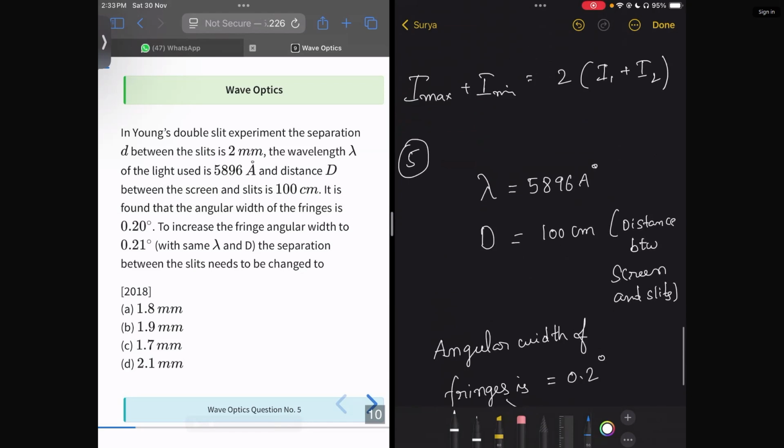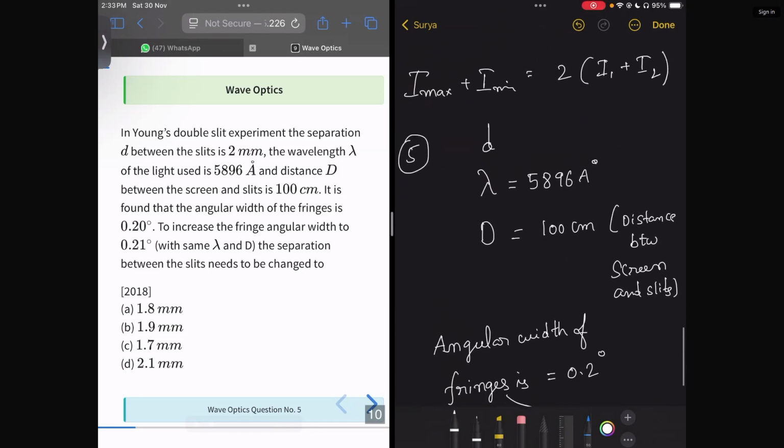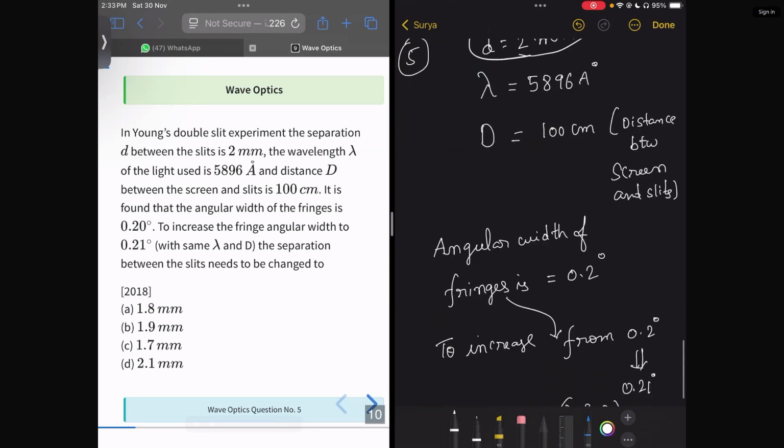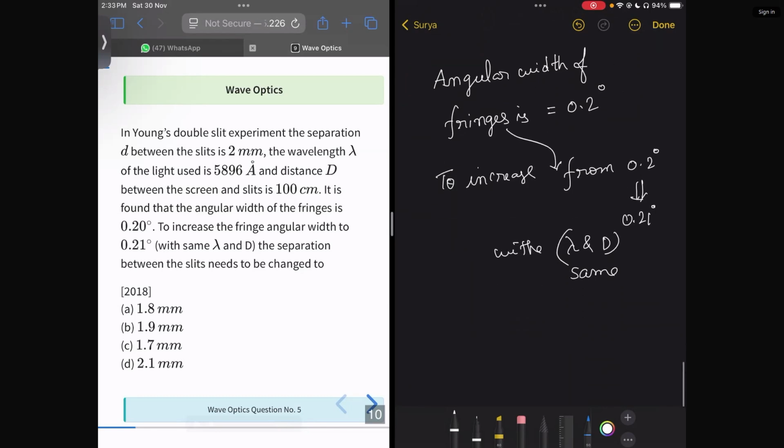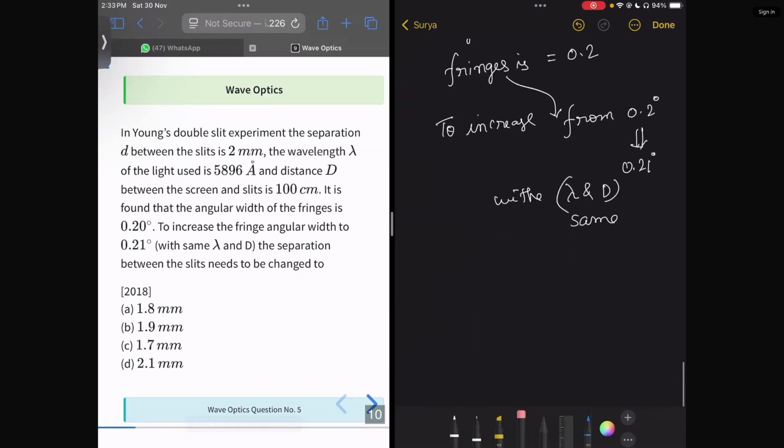Initially the separation between the two slits is 2 mm. How much do we have to change it so that the angular width becomes 0.21 degree, keeping the same wavelength lambda and the same separation between the slit and the screen? Before going to this, what is angular width? Angular width theta is equal to lambda by d.